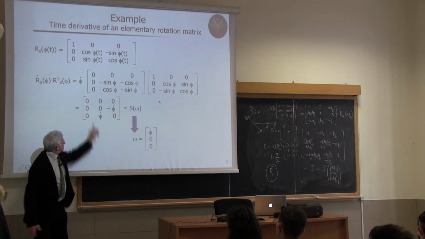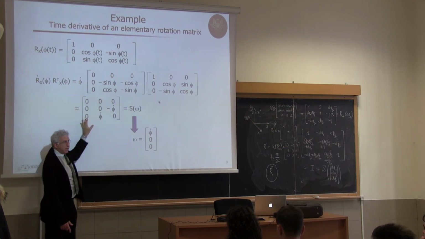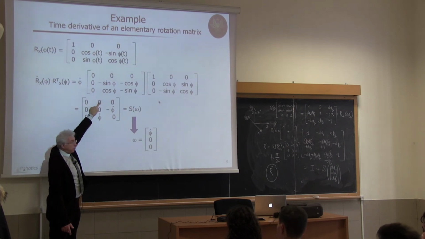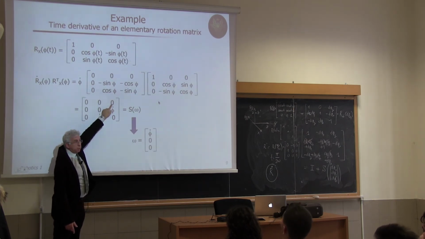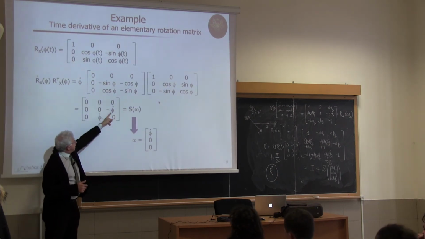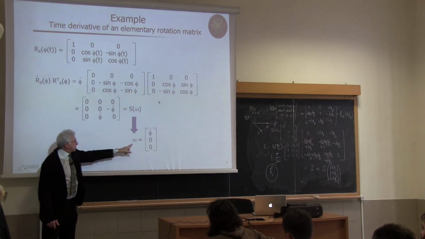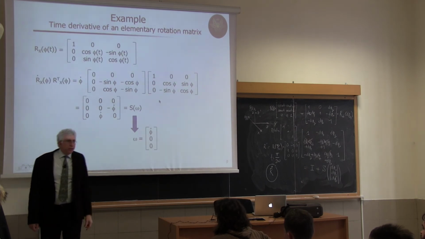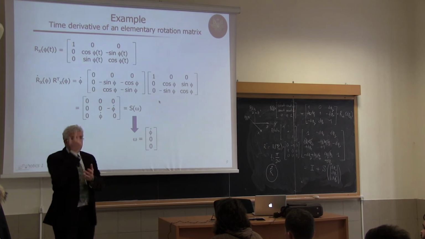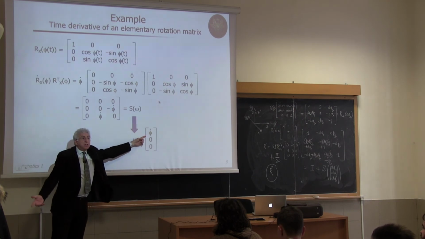It's skew-symmetric, 0 on the diagonal, and opposite elements on the off-diagonal terms, and I know that this is the y component, this is the z component, this is the minus z component, and this is the minus x component, sorry. Minus y component, minus x component, and the vector components. So I extract from this the vector generating this skew-symmetric matrix, and I find that the angular velocity is a vector oriented like x with intensity phi dot.